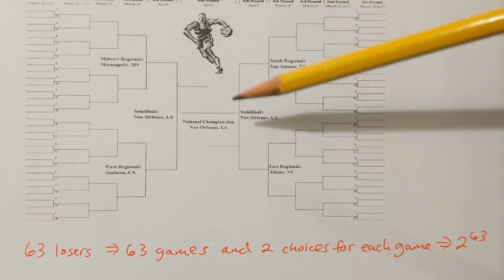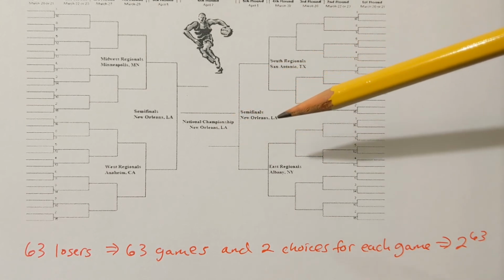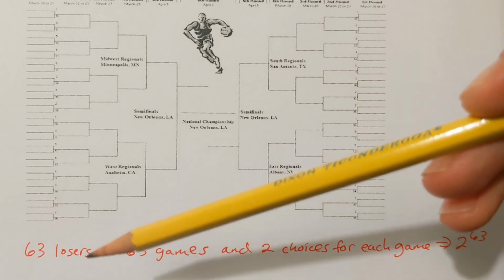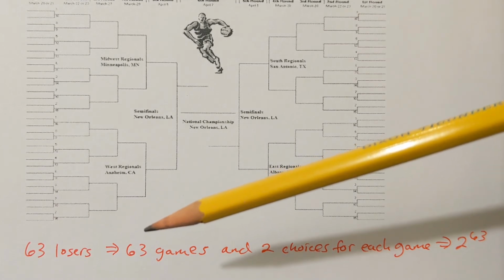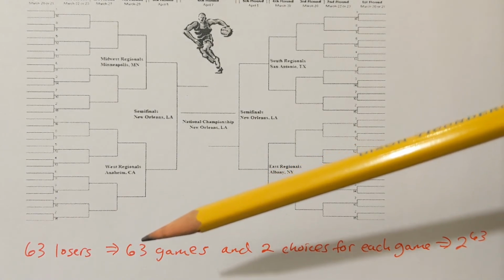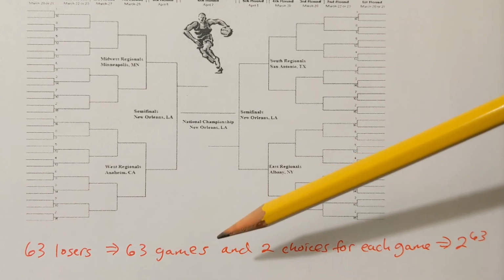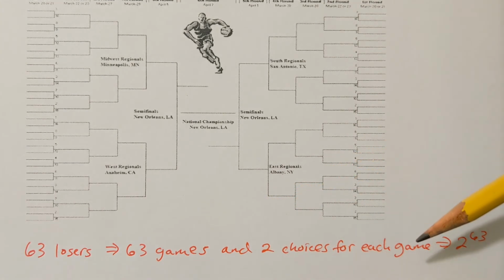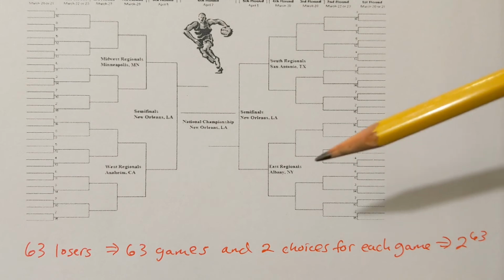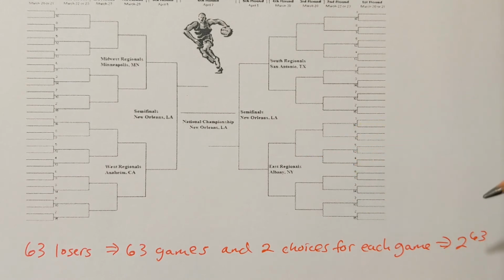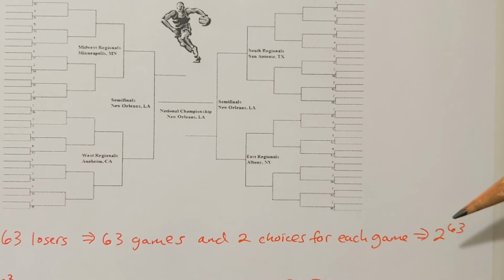Only one is going to win the whole tournament. So there's 63 losers. Well, how did those 63 losers lose? They had to lose their game, right? So that means that there's 63 games. And there's 2 choices for each game, right? Either team A wins or team B wins. 2 choices. So I've got 2 to the 63rd power.